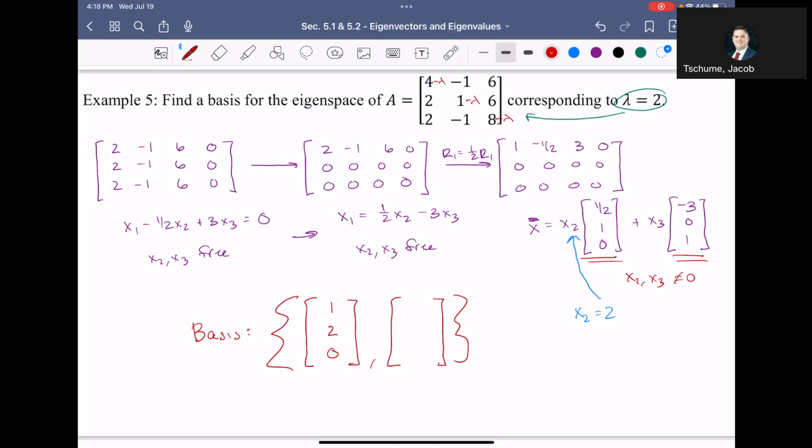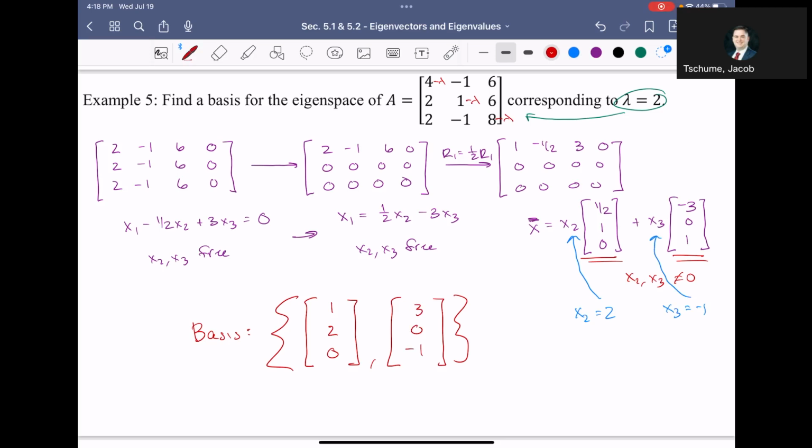Likewise, just to be different, I'm going to let x3 equal -1. And I'm going to plug that in and multiply -1 by all three elements of that vector, which would be +3, 0, -1.